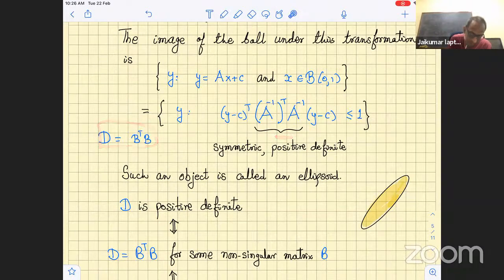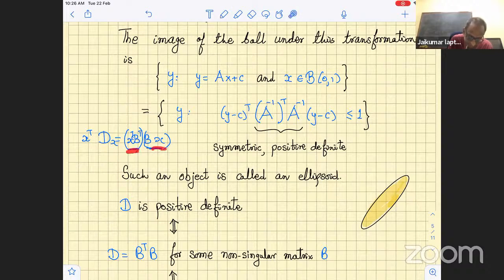Now, if you multiply it by x on both sides, say x transpose on this side and x on this side, it is the same as multiplying by x transpose and x. That means you got Bx and the transpose of Bx, which means you are taking a dot product of this vector Bx with itself.